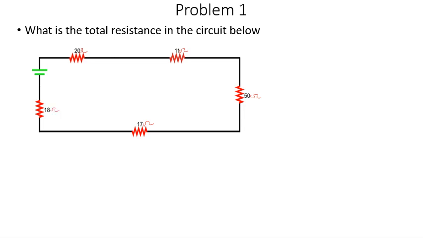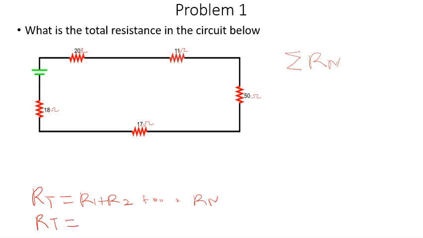So now we know the formula already. It is equal to the sum of resistors. So our RT is equal to R1 plus R2 plus dot dot dot up to Rn. Now how do you solve this question? We have our RT equals 20 plus 11.